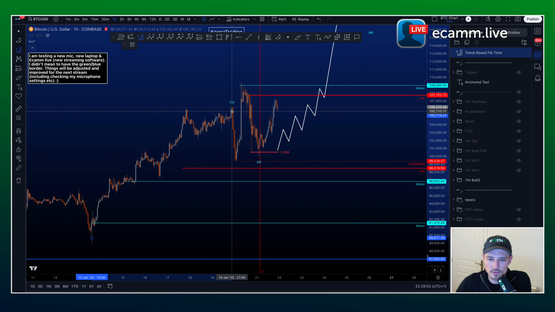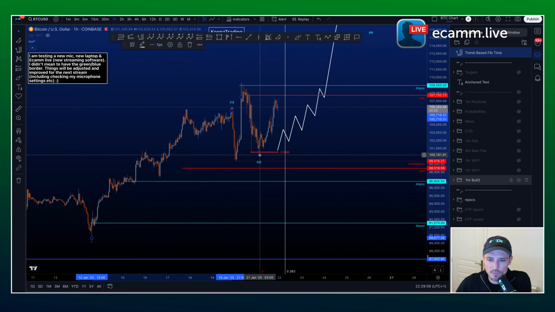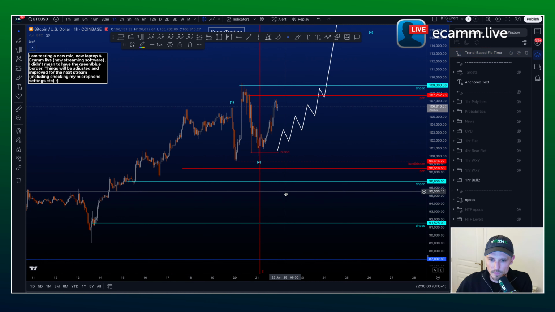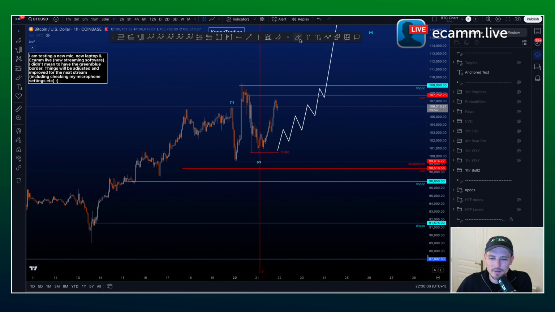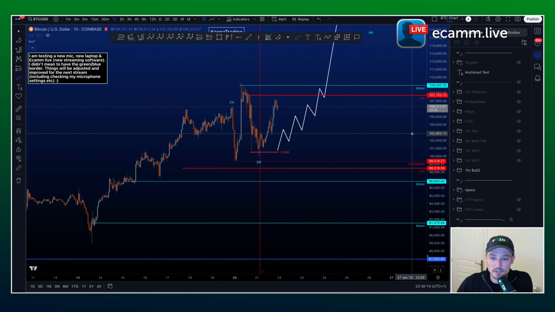Take a fib time from the start to the end of 1, double click, toggle on the 382. And you can see that wave 2 easily ended before the 382. Preferably wave 2 ends after the 382, which is not the case. So actually, even in a bullish scenario, preferably your 2 is not finished.